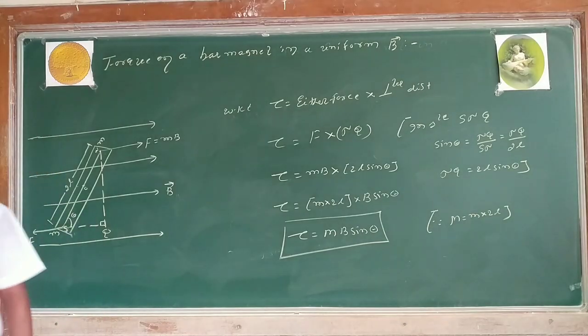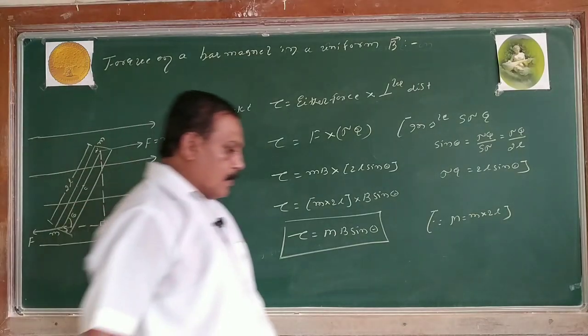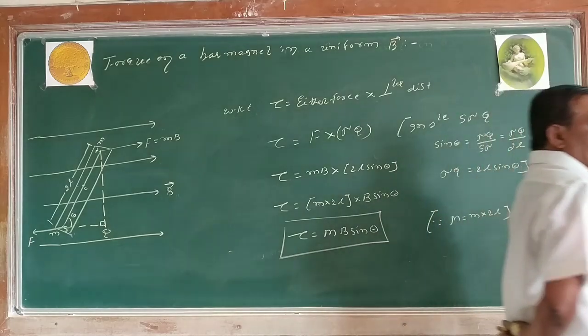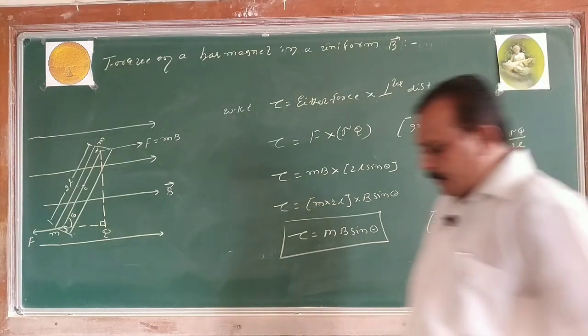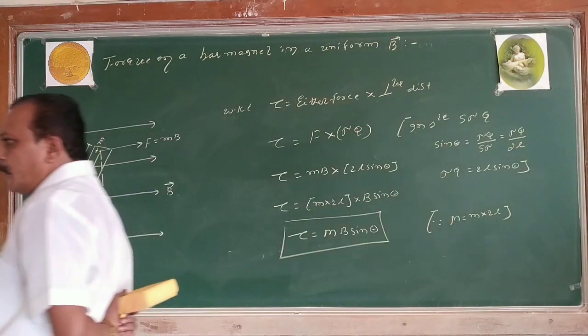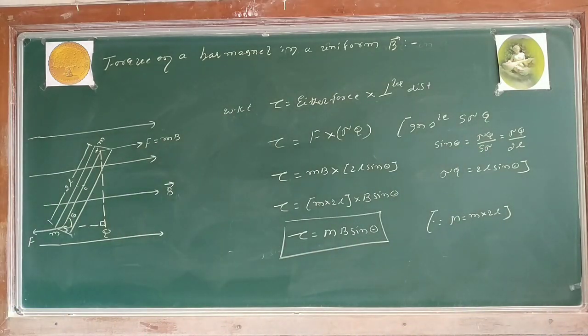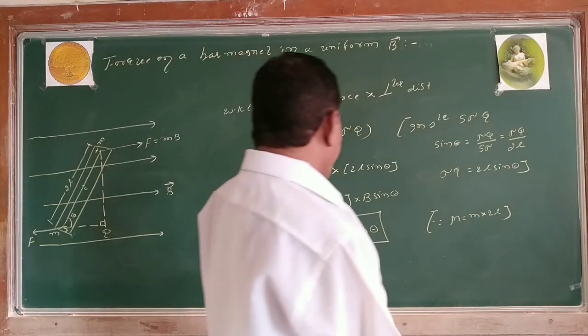Now this is the torque experienced by the magnet in the region of an external magnetic field. Torque tau equals MB sin theta, where M is the magnetic dipole moment, B is the magnetic field, and theta is the angle made by the magnet with the direction of the magnetic field. In electrostatics, torque tau equals pE sin theta.